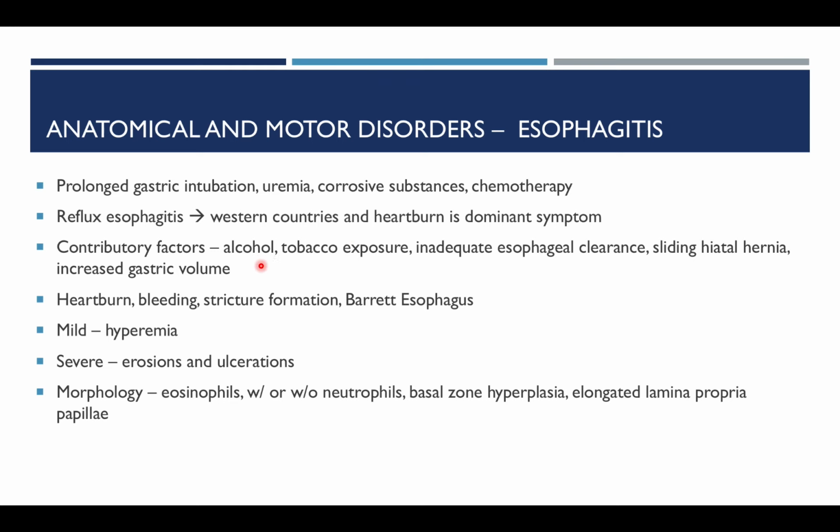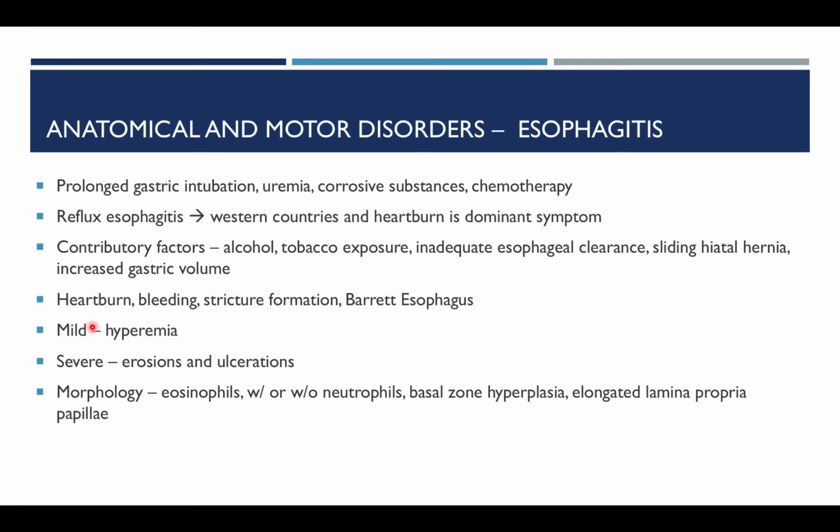There are also other factors that can cause esophagitis, like alcohol, tobacco exposure, hernias, increased gastric volume, just to name a few. Other than heartburn, patient can also present with bleeding, stricture formation, and esophagitis is also a risk factor for Barrett's esophagus, and we will talk about that more later.